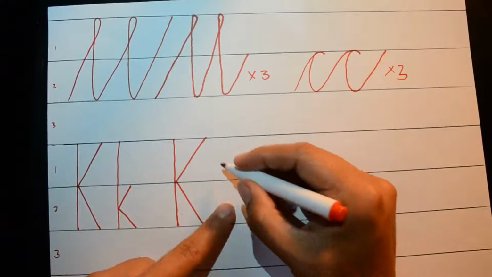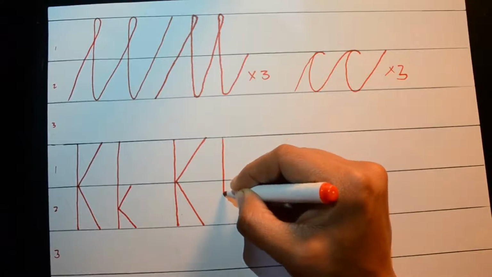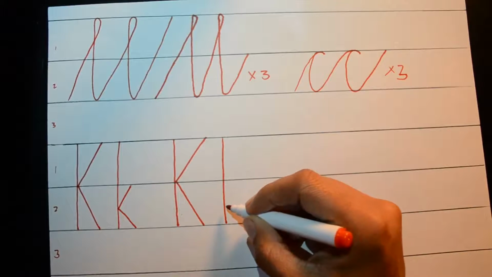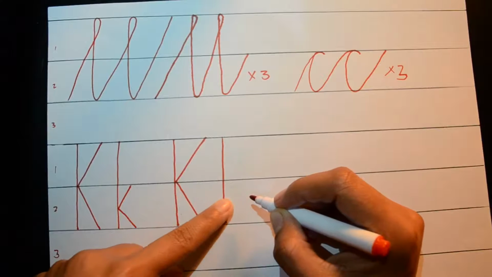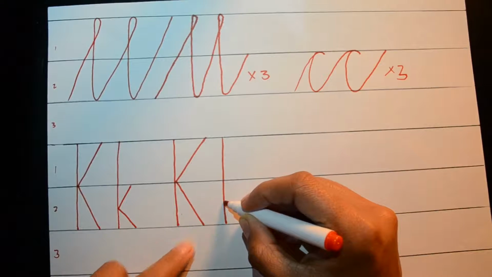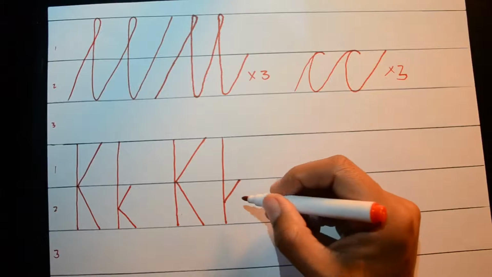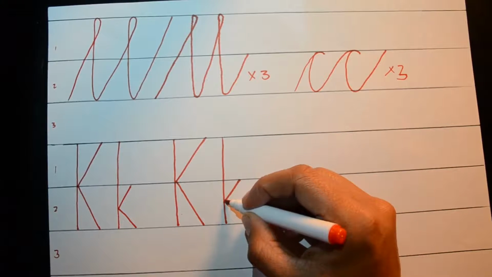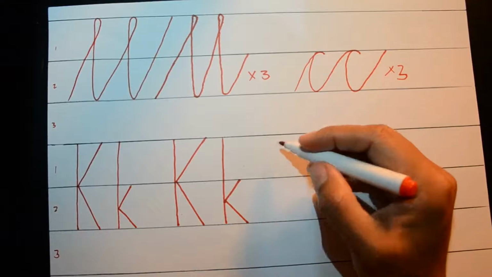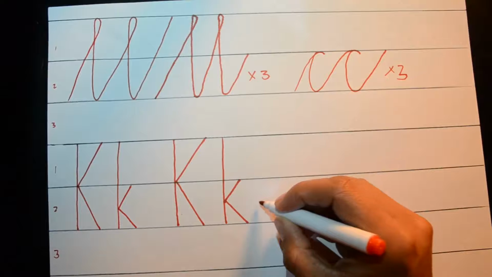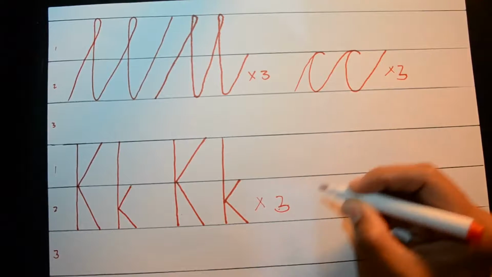Okay, and then the small one as well, from line 1 straight down, but now you go to the middle of line 2. So you go to the middle of line 2, and from there you go slanting until the top of line 2, and slanting down to the top of line 2. Okay, so you can just do 3 rows of that.